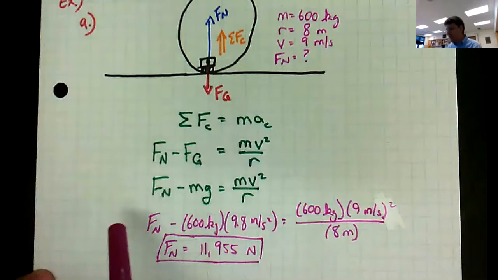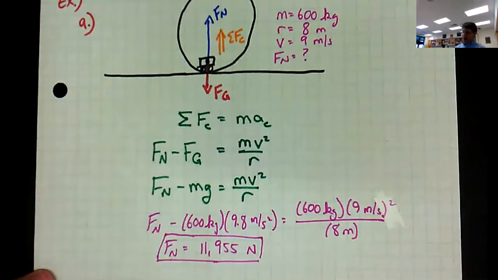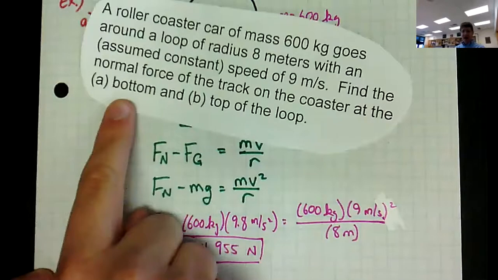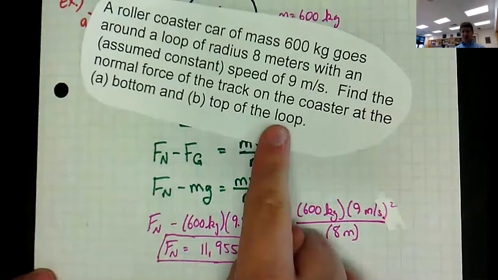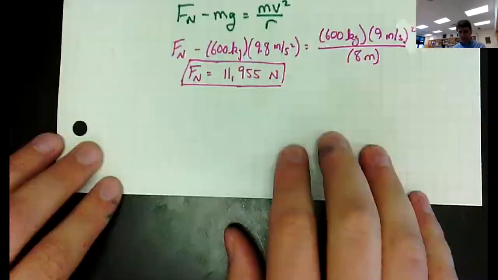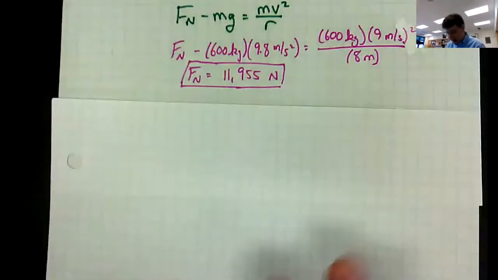Now this becomes really interesting when we think about what's happening then at the top. So part A of this problem was find the normal force at the bottom. Let's see what the normal force is at the top of the loop. So let's redraw a diagram.